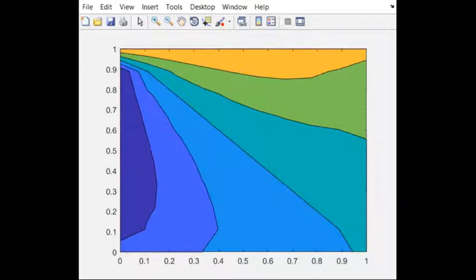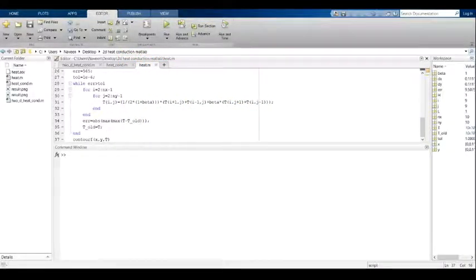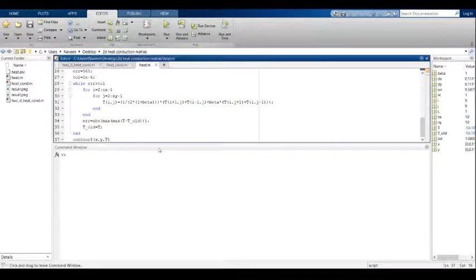So it is coming. We have to give the length and height for the x and y directions, and we can also give the title of this problem. Also we can give text to the contours showing how much temperature it is.